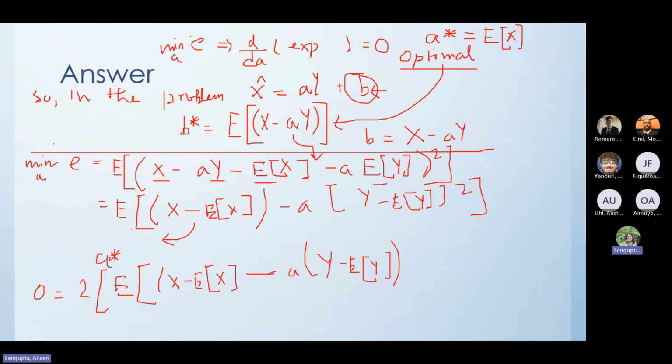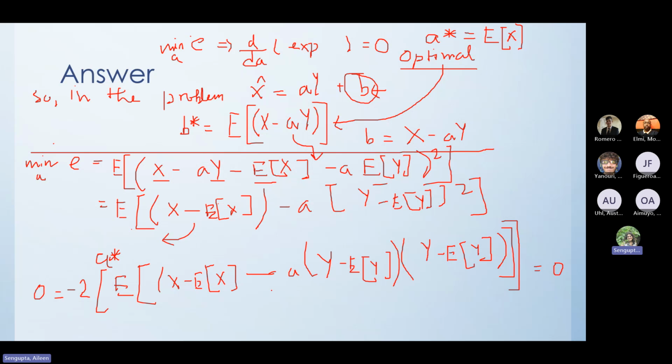Now that gets ended. There's a minus out here, so this goes minus. And then we are going to multiply by y minus e of y. You have to just work it out at this point. Then the expected value operator closes, the 2 multiplication closes, and then you set that to 0.